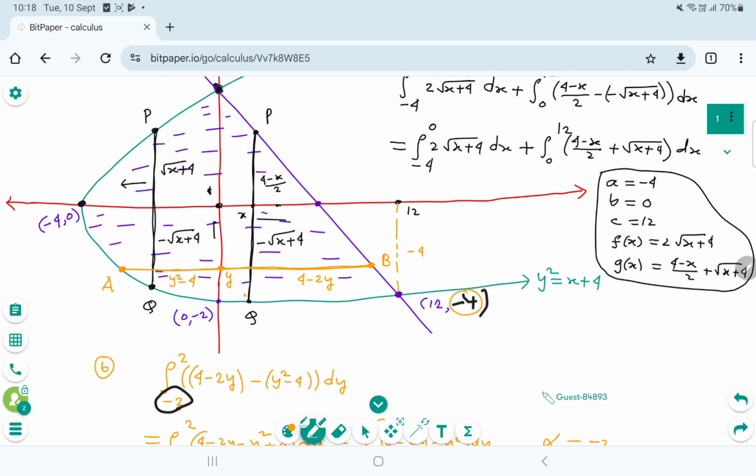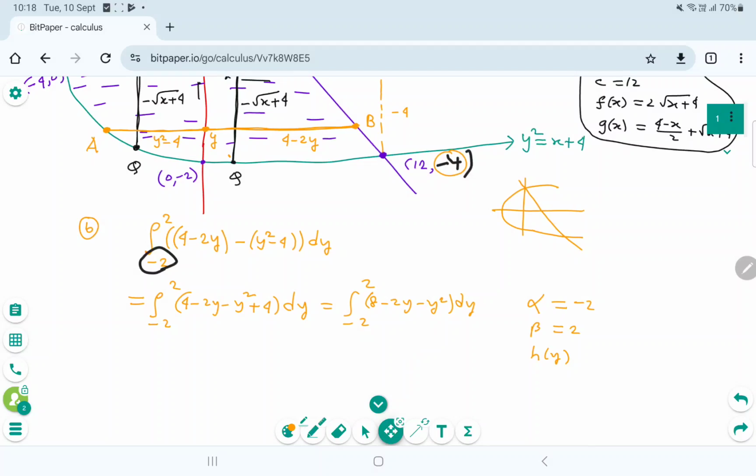Okay, yes, negative 4. Give me a second, I'm just checking. Oh yes, negative 4 is correct. The range will be negative 4. Sorry, we did not see that. Next one, please.